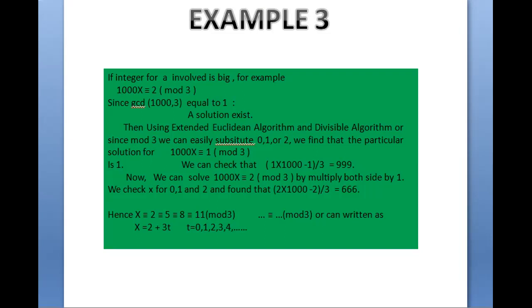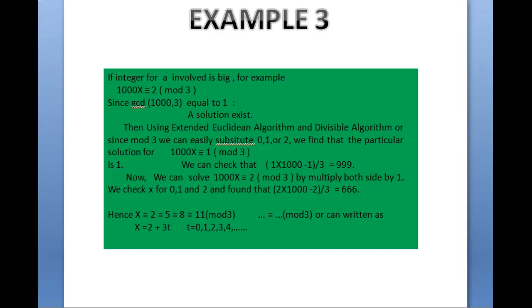We check the values of x for 0, 1 and 2, and we can find that 2 multiplied by 1000 minus 2 and then divided by 3 is equal to 666.